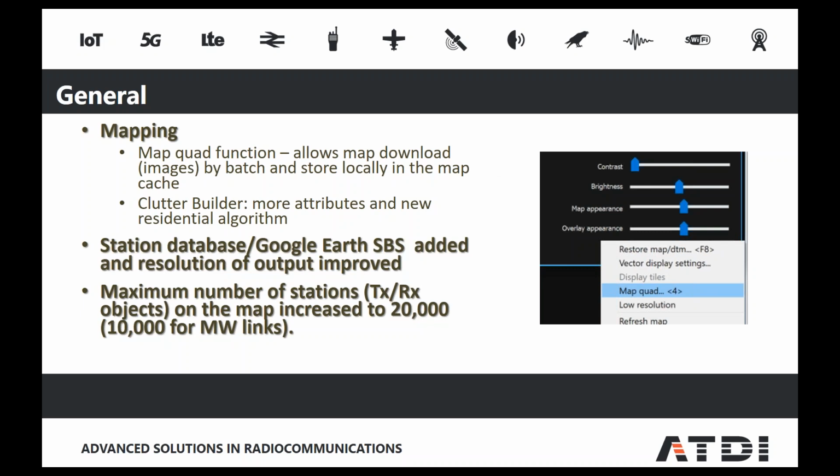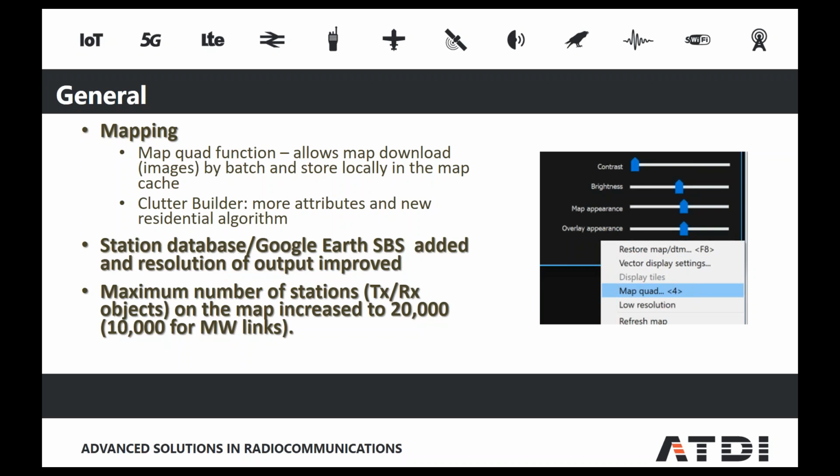The clutter builder, we've got some more attributes there. For those that have used it, there's quite a lot you can do now, whether it's from OpenStreetMaps or some of the shapefile data. This allows you, particularly if you're going into new areas, looking at planning activities, to build up some clutter layers for yourself.